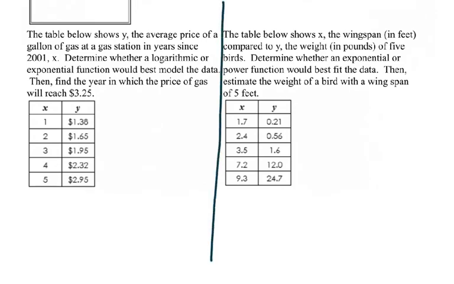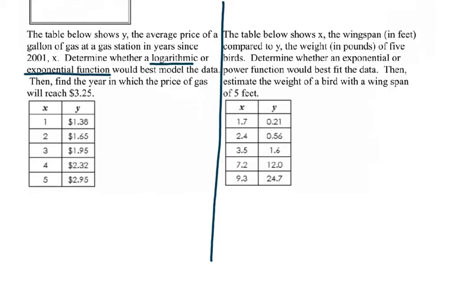Okay, so the table below shows the average price of a gallon of gas at a gas station in years since 2001, x. Determine whether a logarithmic or exponential function would be best for the model. So the first thing I want you to do is come up with a model for logarithm and exponential functions, using whatever calculator you want.